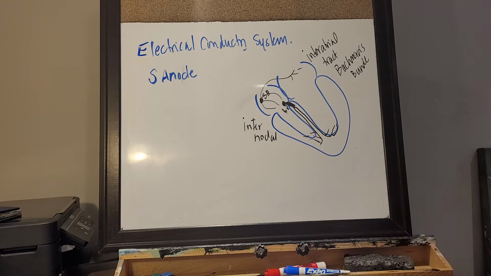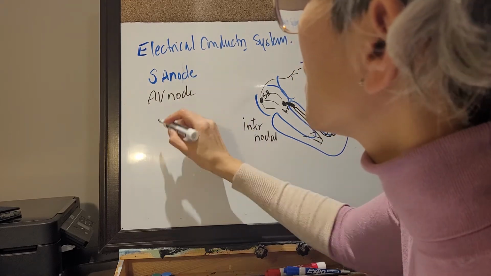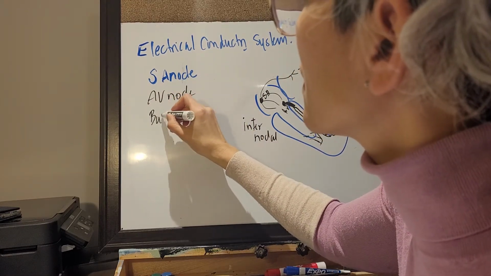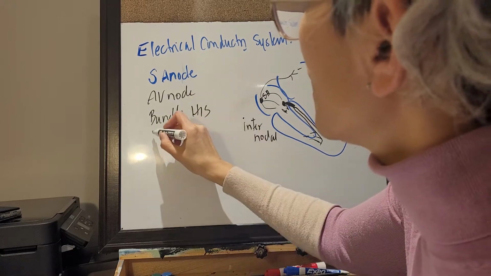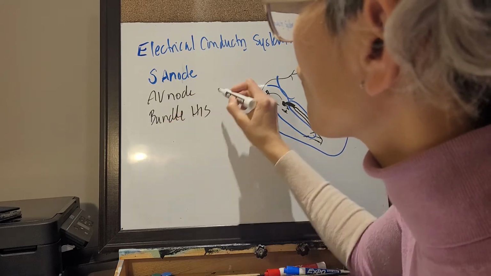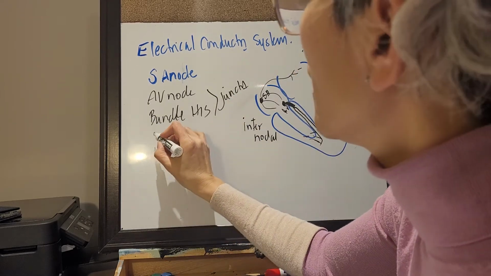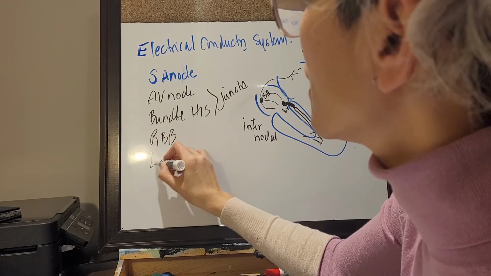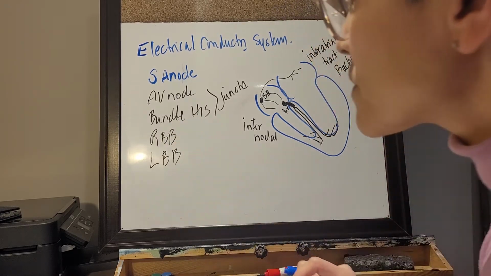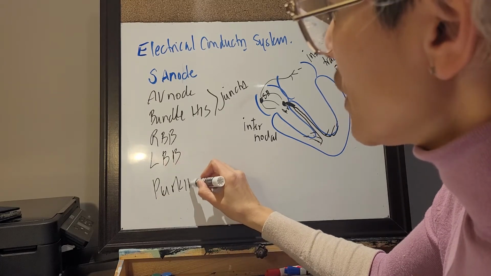Okay, so SA node, AV node, His bundle, junction, and then right bundle branch and left bundle branch, and then Purkinje system.